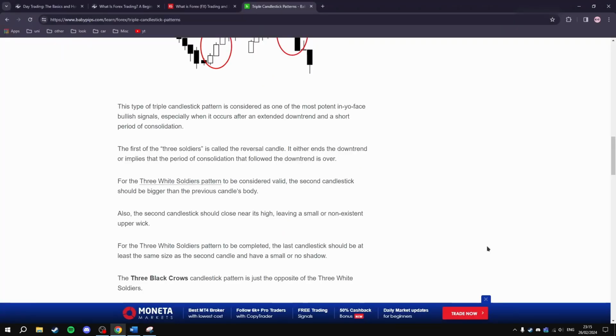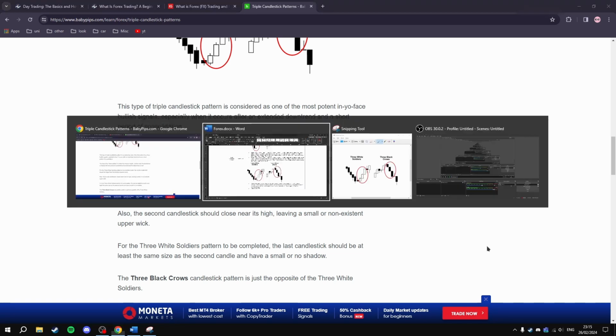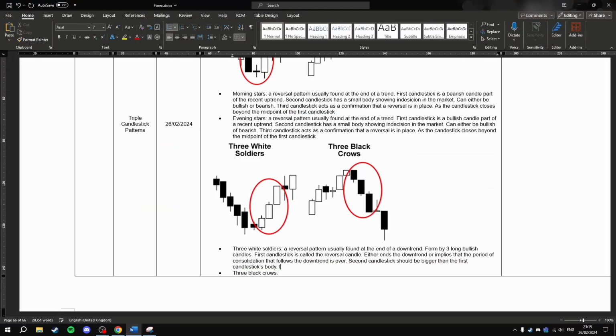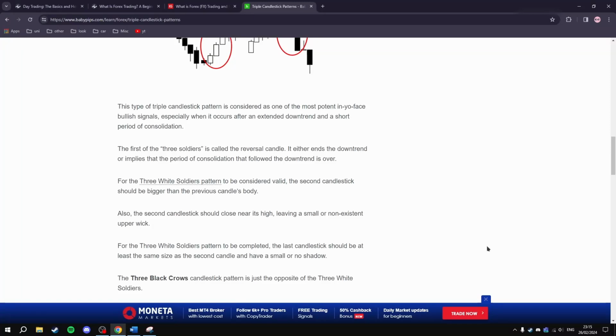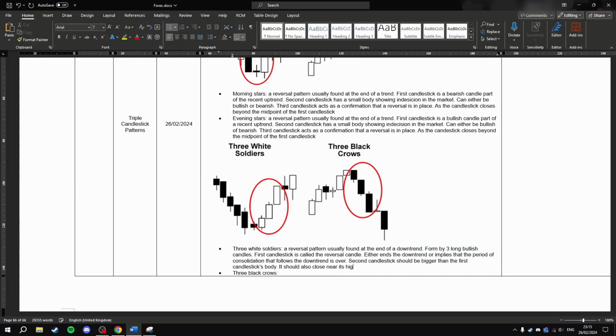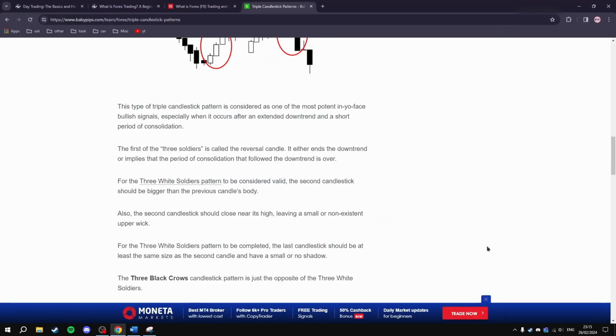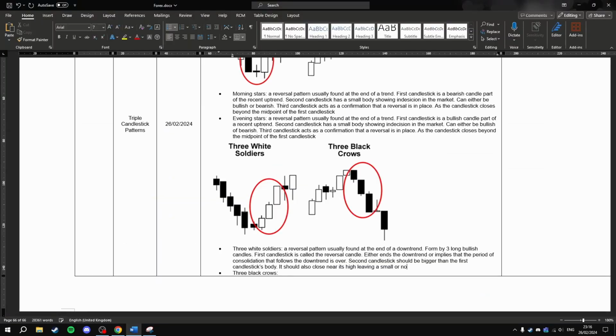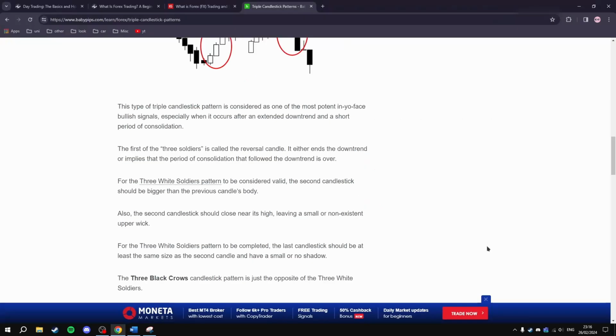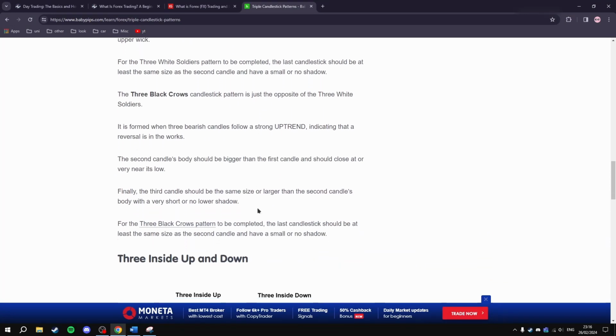It should also close near its high, leaving a small or non-existent upper wick, or upper shadow as they like to call it.